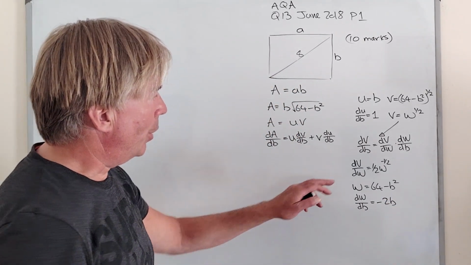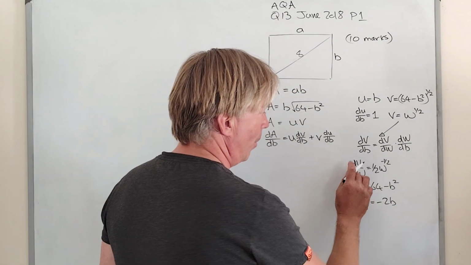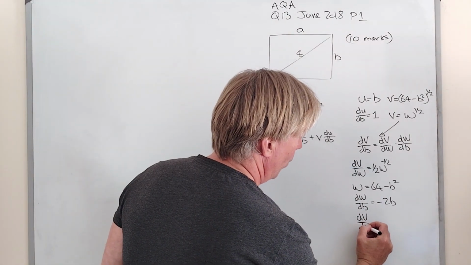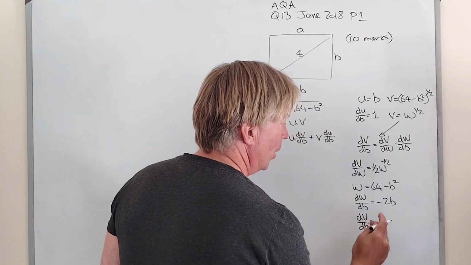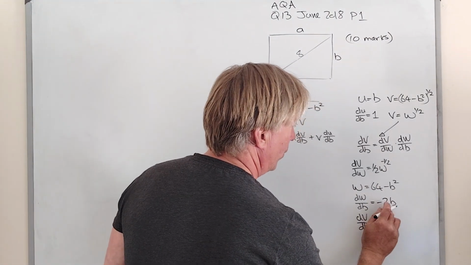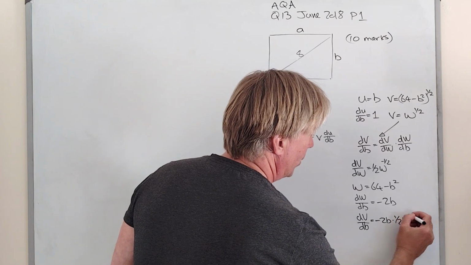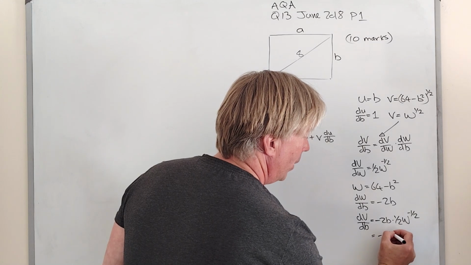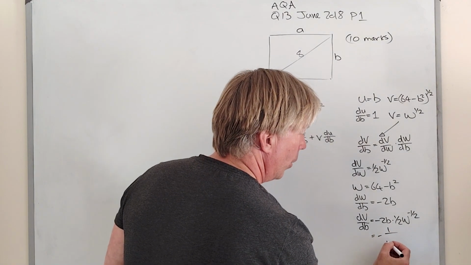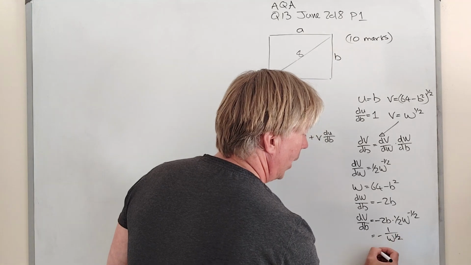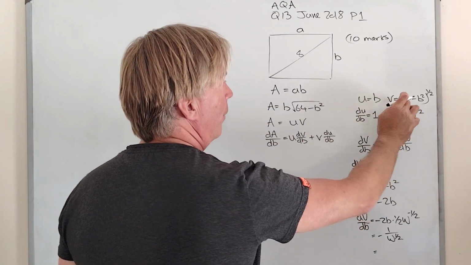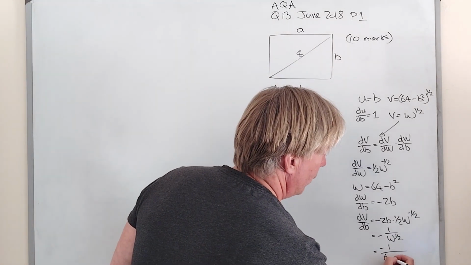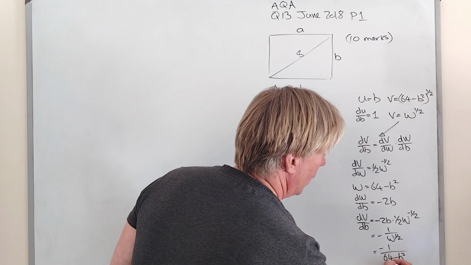So if we multiply these, dv by dw by dw by db, we get the dv by db we want, which is negative 2b multiplied by 1/2 w to the negative 1/2. 2 multiplied by 1/2 disappears, so we end up with negative b over w to the half. And we know from up here w to the half is v, so this is equal to negative b over 64 minus b squared, all to the half, underneath.